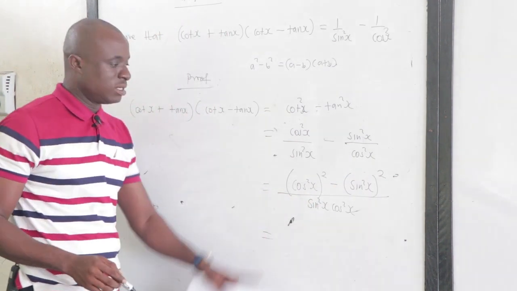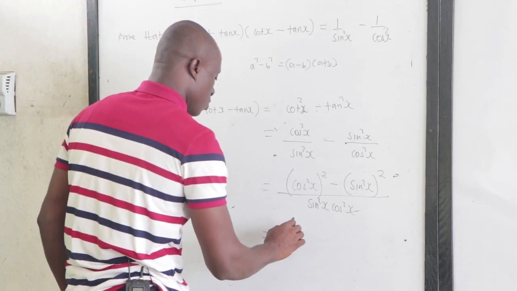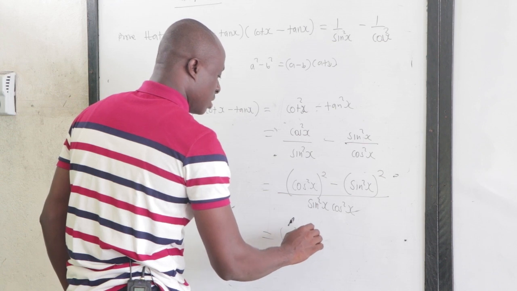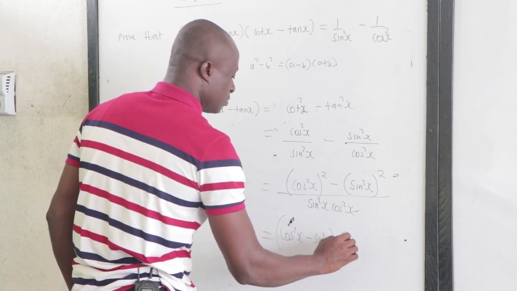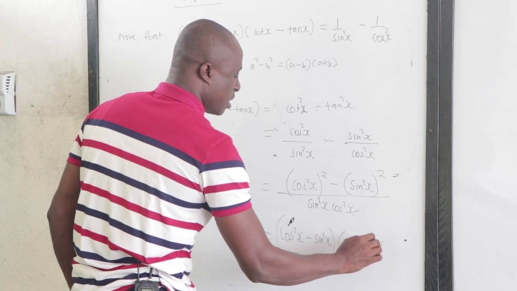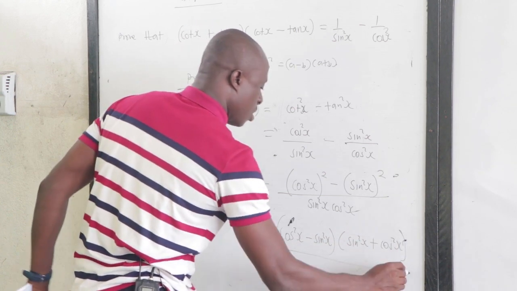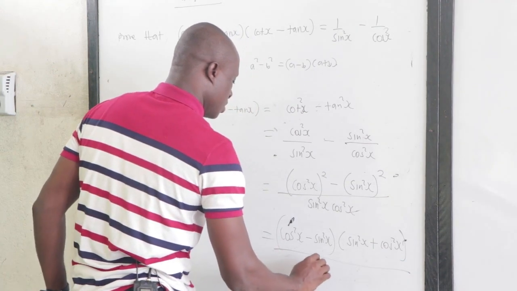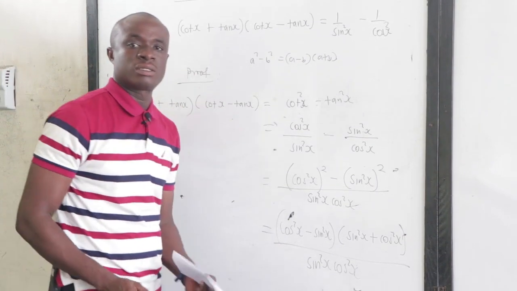Now what can we see? This is just the difference of two squares. So this can be expressed as cos square x minus sine square x, into bracket, cos square x plus sine square x, all over sine square x cos square x.